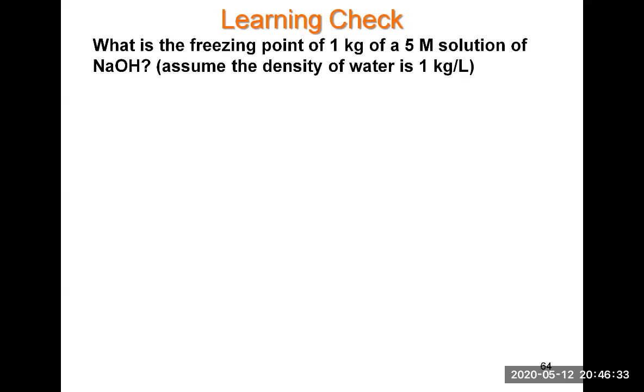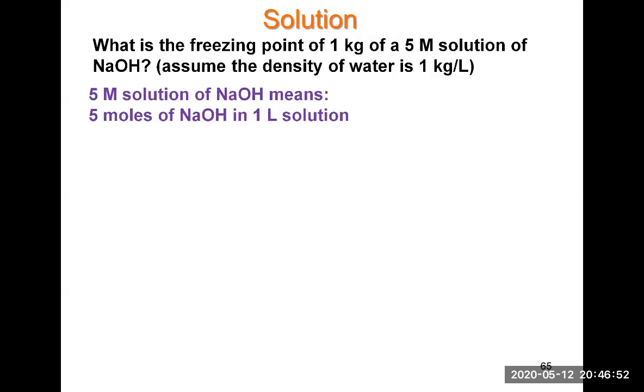And a 5 molar solution of NaOH, molar here is synonymous to moles per liter. That means you have 5 moles per liter of solution. Because we have 1 liter, we have 5 moles in that 1 kilogram. So a 5 molar solution of NaOH actually means that we have 5 moles of NaOH in 1 liter.